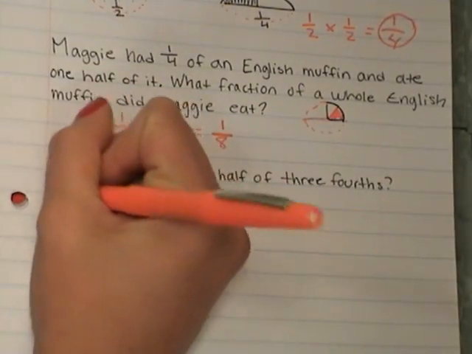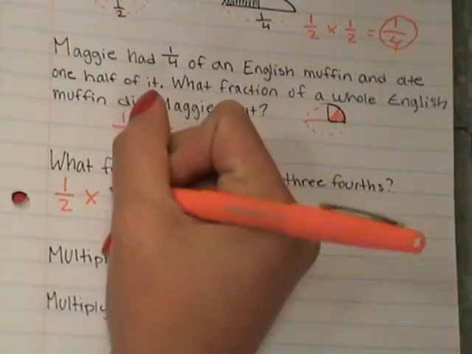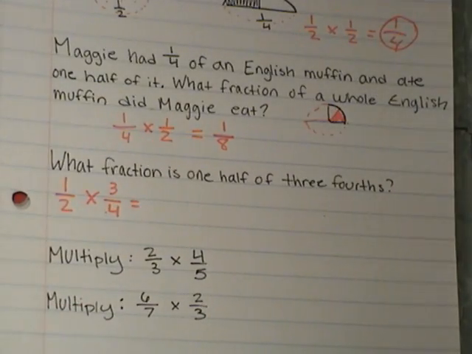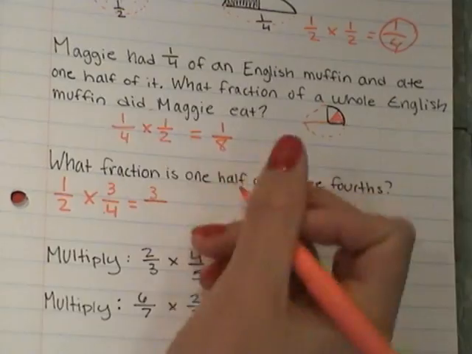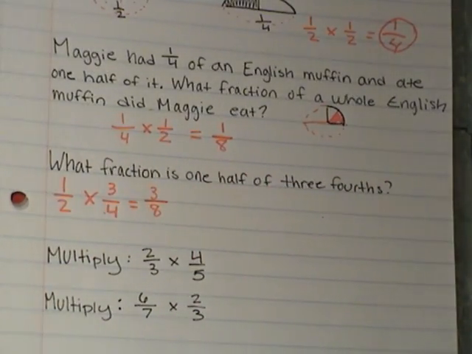So we write 1/2 of, multiplication, 3/4. Now we do our multiplying of our numerators. 1 times 3, 3. 2 times 4, 8. So our answer would be 3/8.